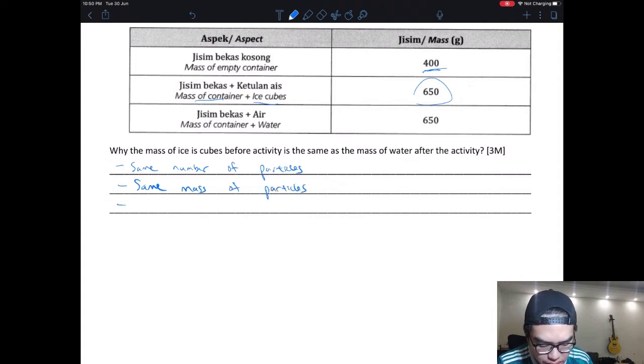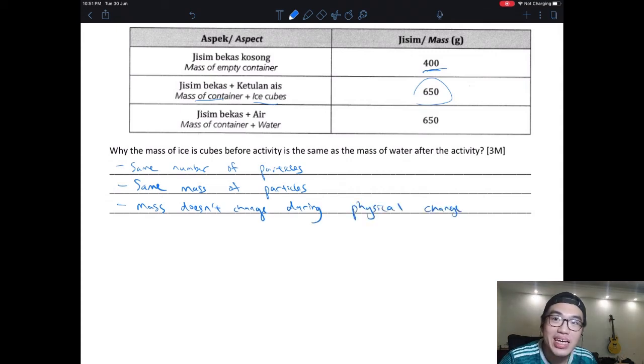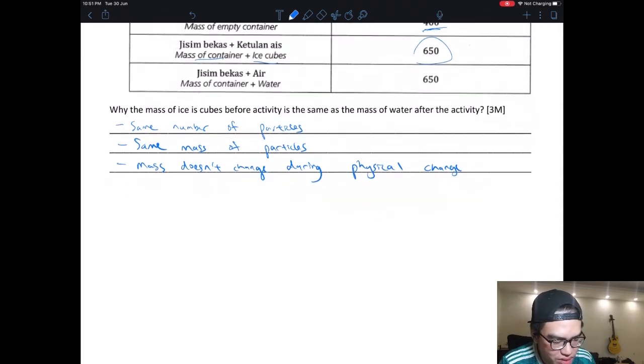So mass doesn't change during physical change. What is physical change? Melting is a physical change. Is there any chemical reaction here? No. If I burn petrol, petrol gets lighter because that's a chemical change. This one, melting, doesn't change anything. So this is melting.